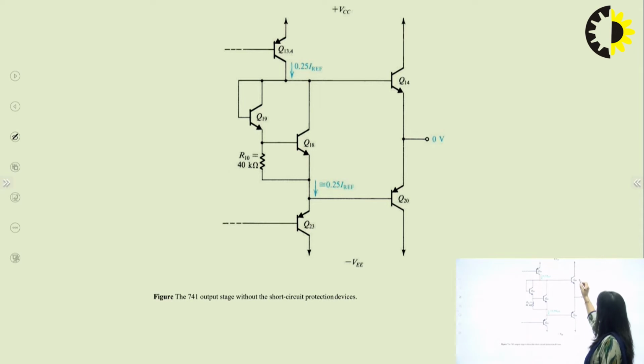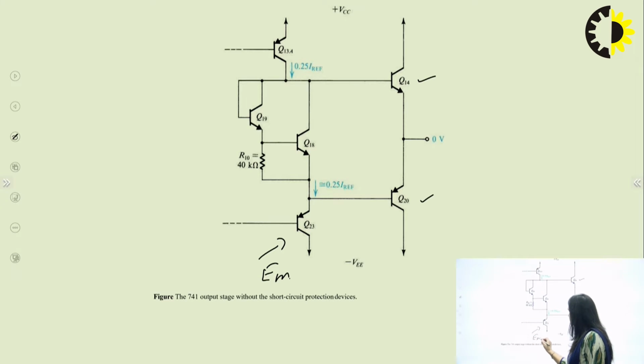Q14 and Q20 are the transistors which have 3 times more area compared to all other transistors in this IC, because these are the output transistors, and at the output terminal we want the circuit to supply large current at lower power dissipation. To supply large current we require large area, and we also require impedance matching. To fulfill the requirement of impedance matching, we have used this transistor Q13, which is an emitter follower.